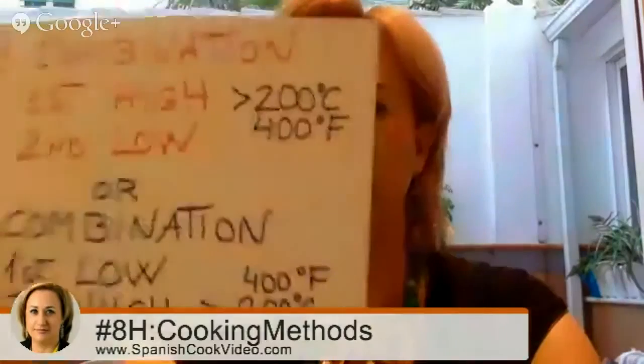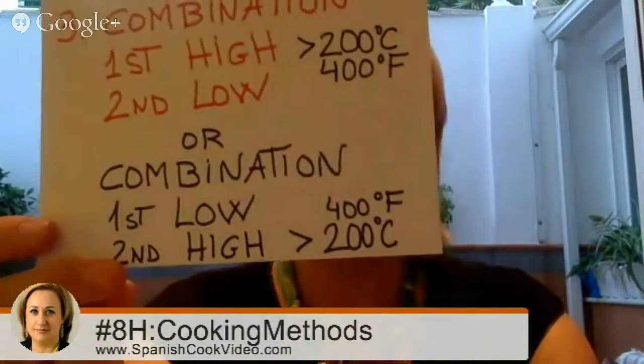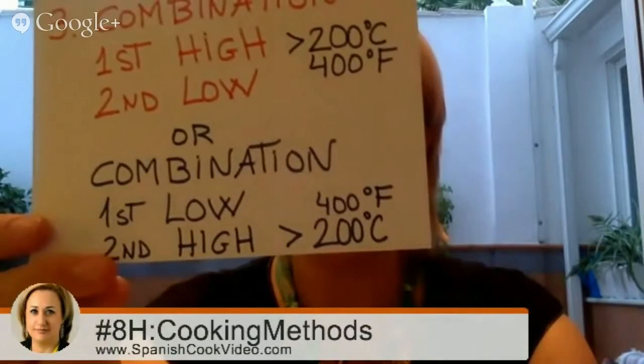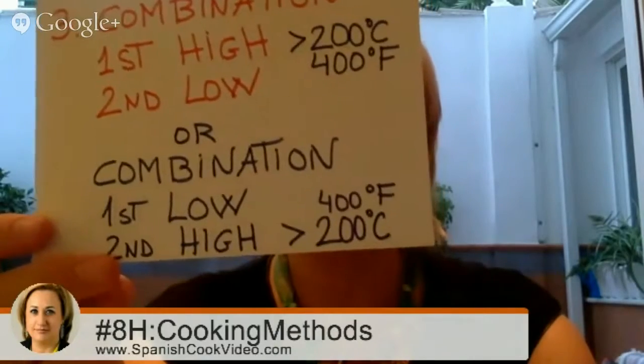Well, the third is a combination of both temperatures. It uses high heat just at either the beginning or the end of the cooking process, with most of the cooking at the low temperature. What do I mean?